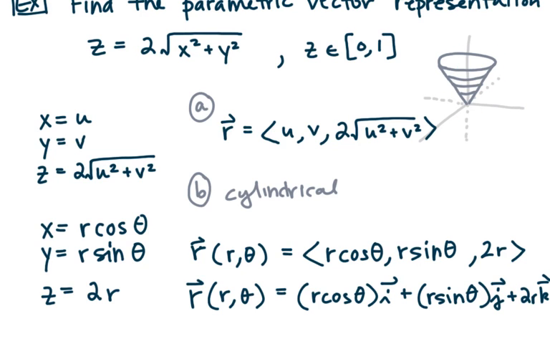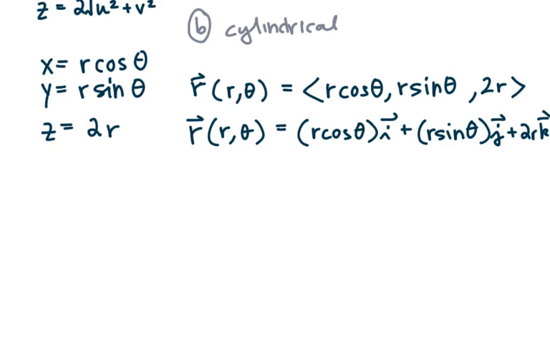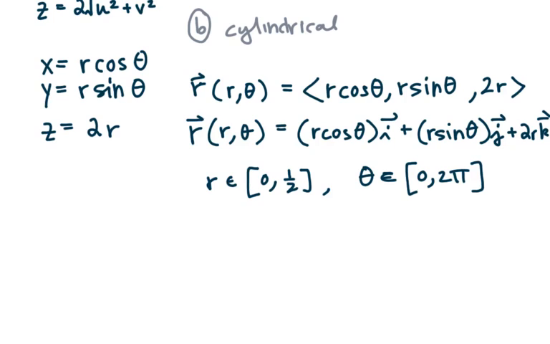But if z is 1, what would r be? If z is 0, what would r be? So in this case, we would say that r is 0 to 1/2, and of course, theta is in the set from 0 to 2 pi.